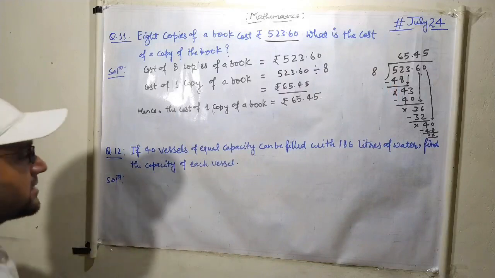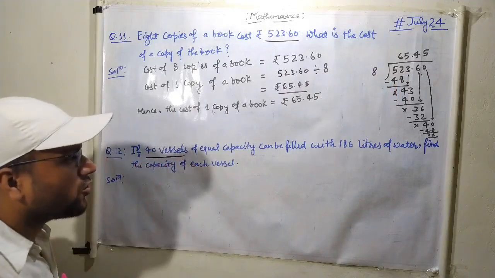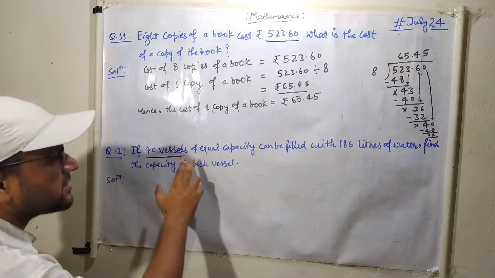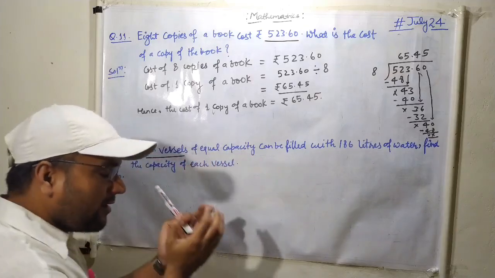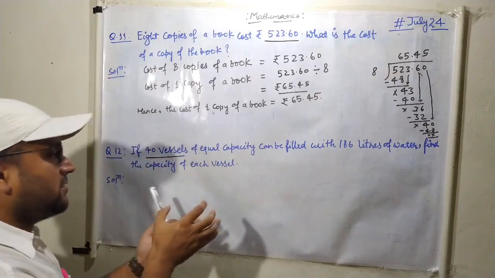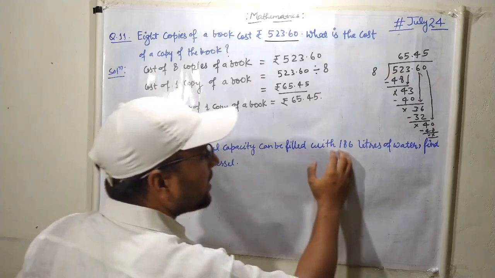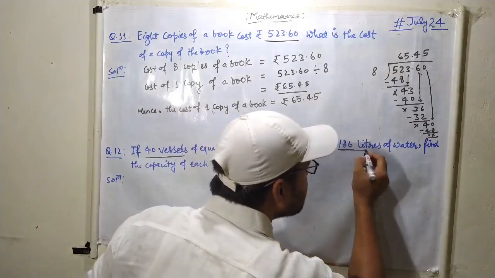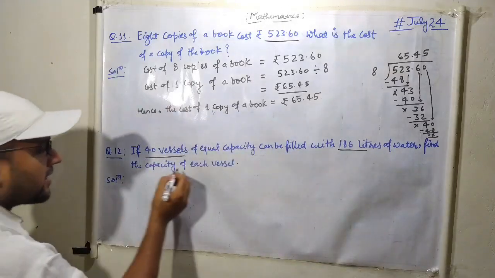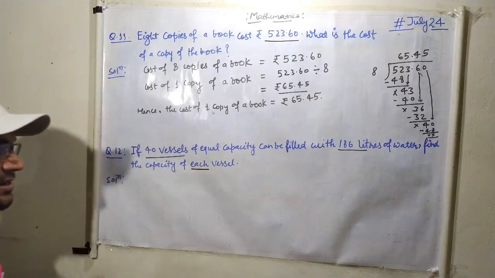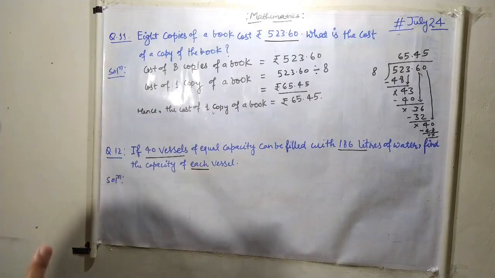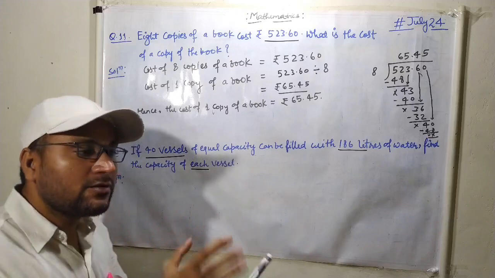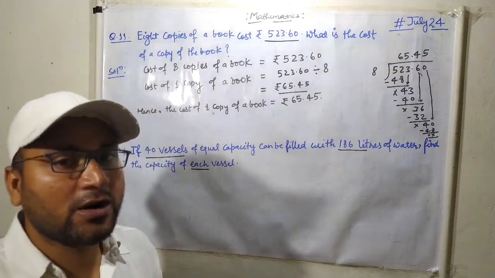If 40 vessels of equal capacity, meaning they fill an equal amount in each vessel, can be filled with 186 liters of water, find the capacity of each vessel. It asks what the capacity of one vessel is, because in each vessel an equal amount of water is filled, students.